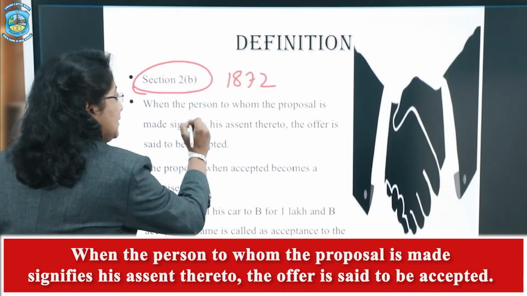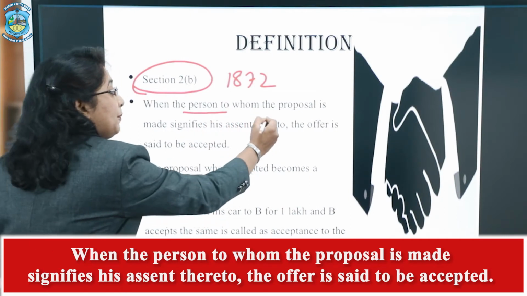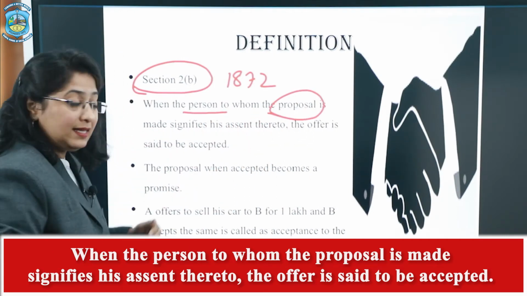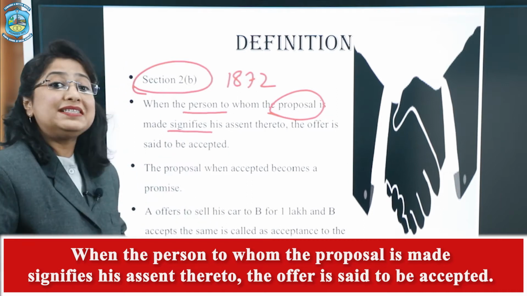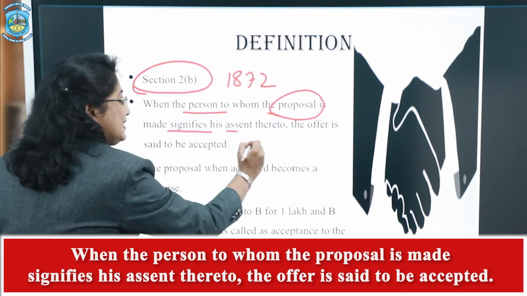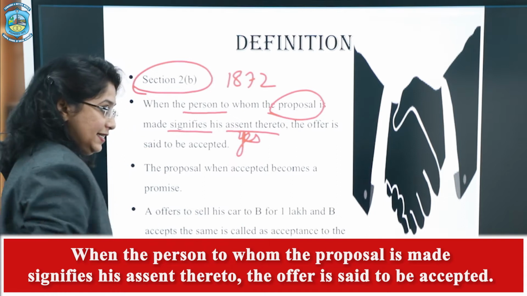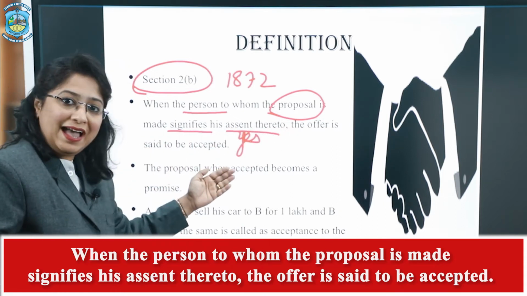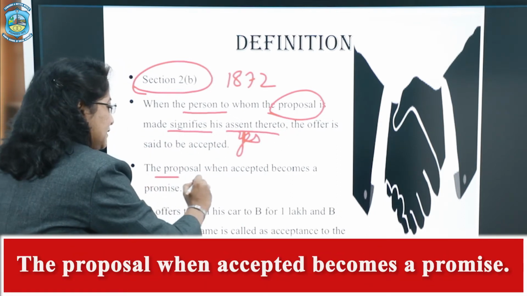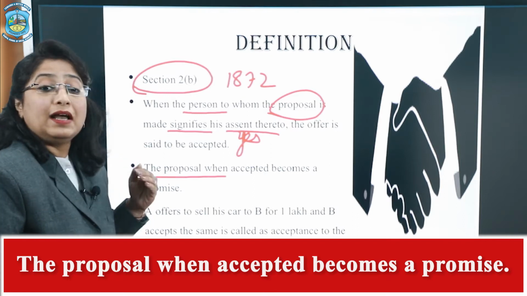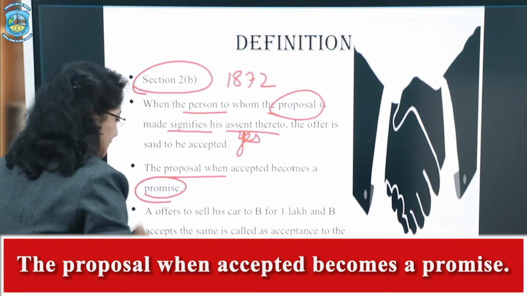So, when the person to whom the proposal is made signifies, that means expresses his assent, that is to say yes, the offer is said to be accepted. The proposal, when accepted, becomes a promise.